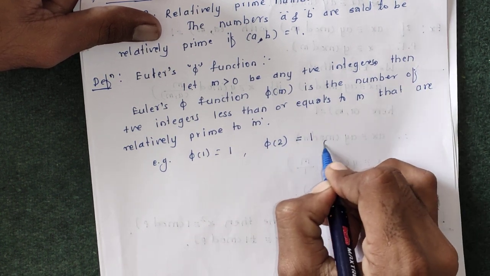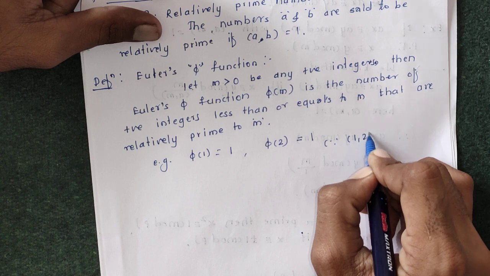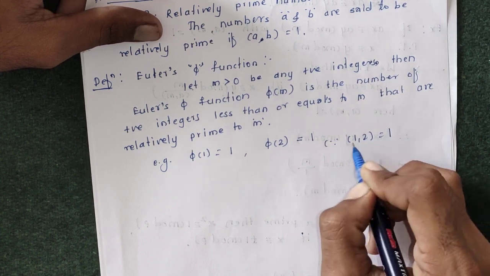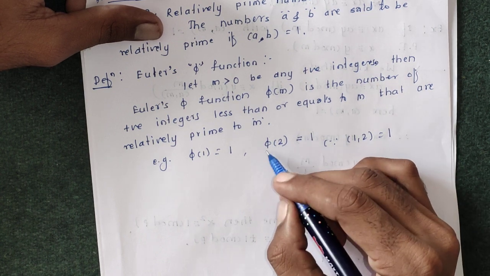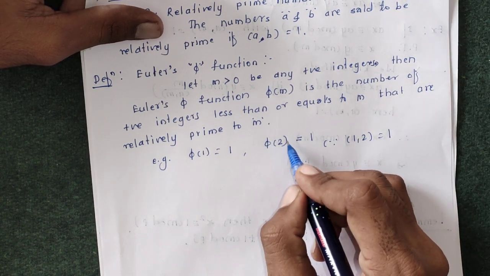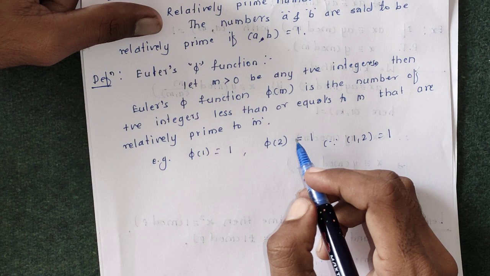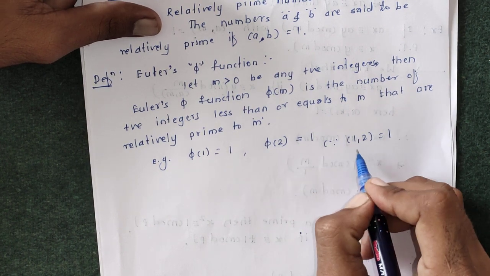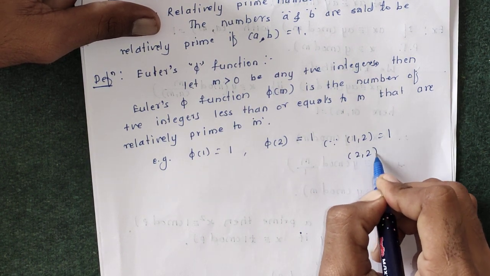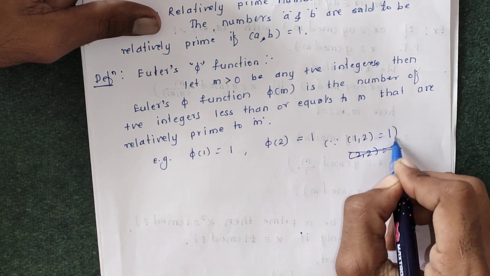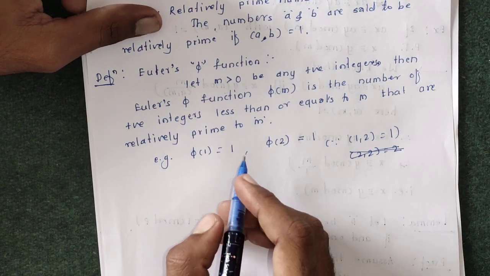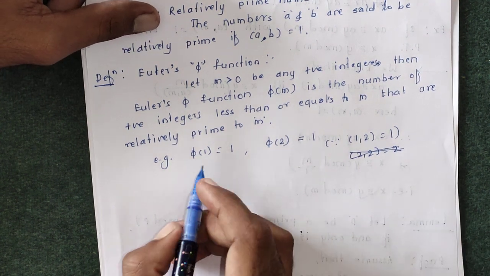Since the GCD of only 1 and 2 is equal to 1, this 1 goes in our list of positive integers which are relatively prime to 2. The GCD of 2 and 2 is 2, so 2 is not relatively prime to 2, therefore only one number counts in the Euler's phi function.